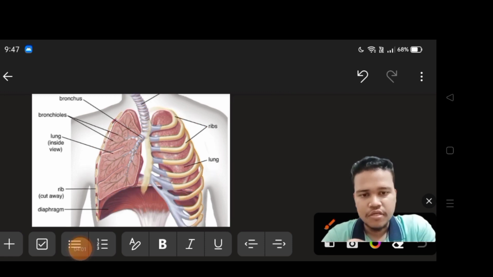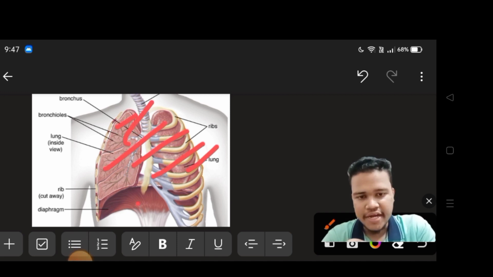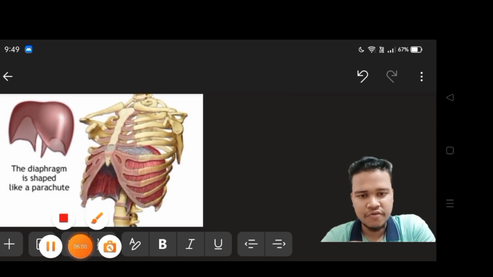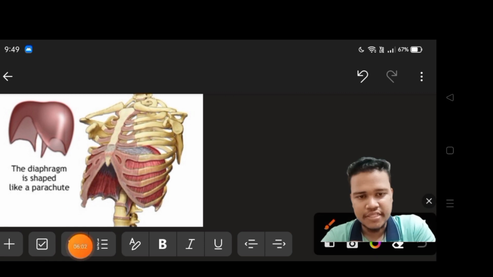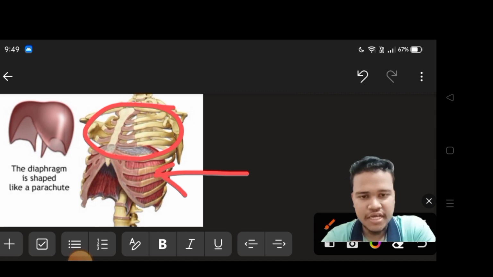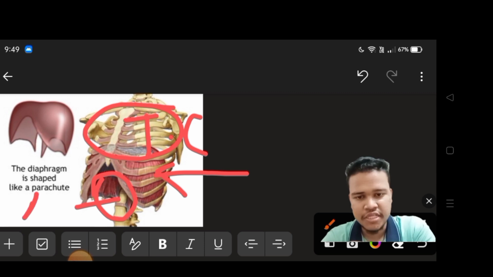So the diaphragm makes a separation between our chest cavity and our abdominal cavity. In this figure we can also see that this muscle is our diaphragm, this upper circular area is our thoracic cavity, and the lower circular area is our abdominal cavity. So the diaphragm is situated between the thoracic cavity and the abdominal cavity.